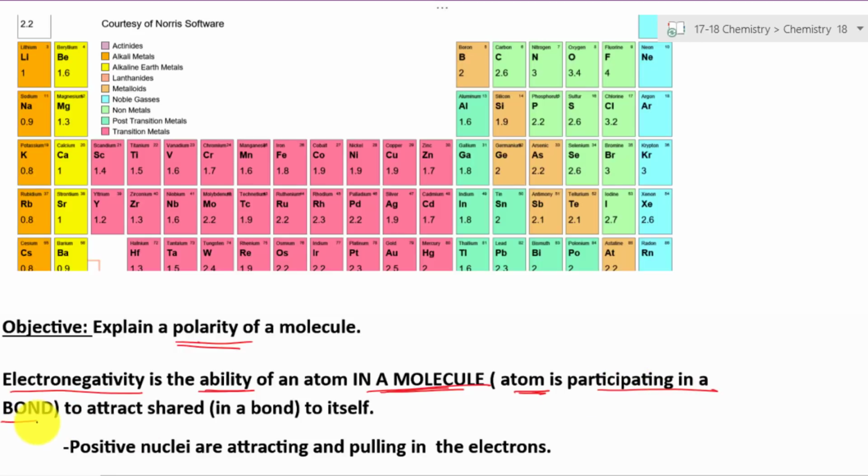So it is bonding with another atom, and we know that there are single bonds, double bonds, and triple bonds as well. In a chemical bond, those electrons are shared, and each atom has its own ability to attract those electrons. But the problem is that different atoms have different abilities to attract electrons, and we define that by electronegativity.